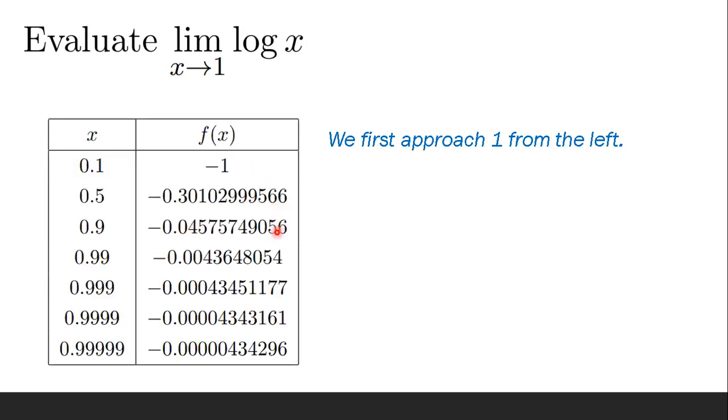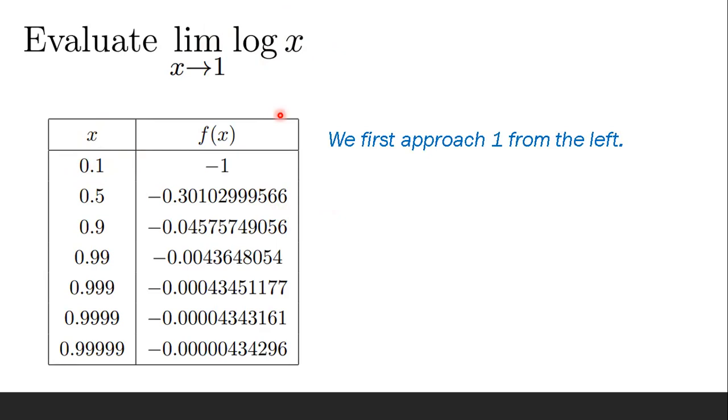And this is how you can see the table as you substitute first our value of x, which is 0.1, located from the left of 1. When you substitute that to your function, which is log x, you can use your calculator, and if you have a log symbol in your calculator, the better.